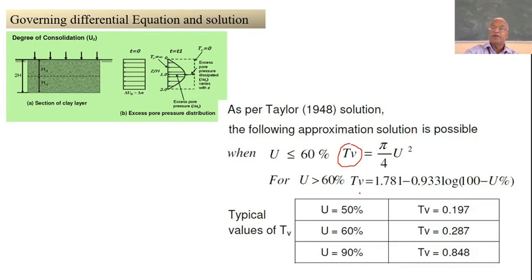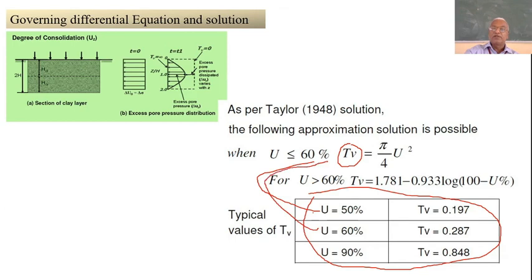These values you had better remember: 50% 0.197, 60% 0.287, 90% 0.848.